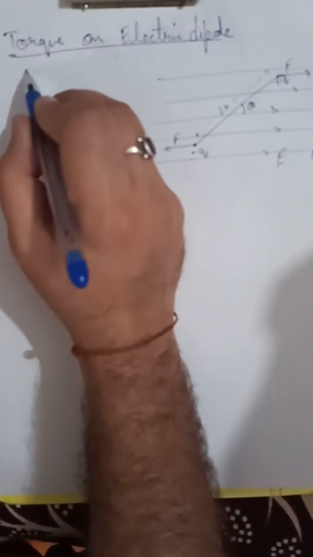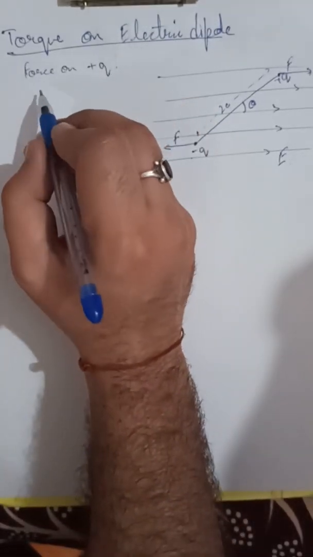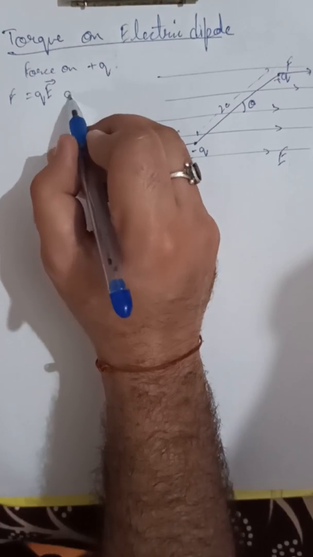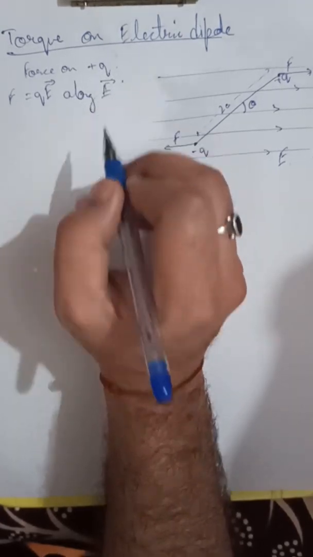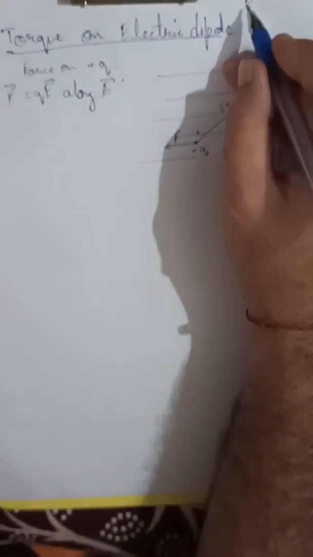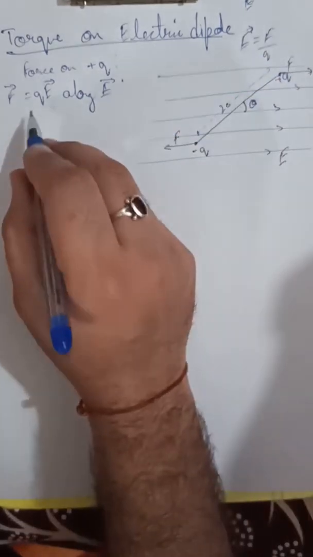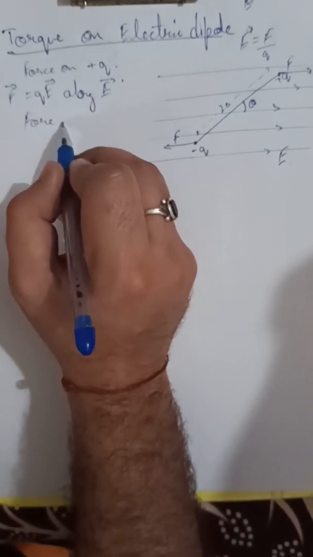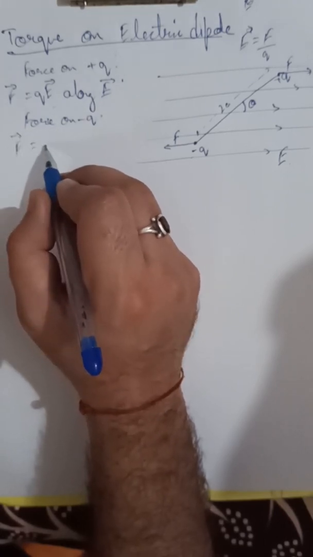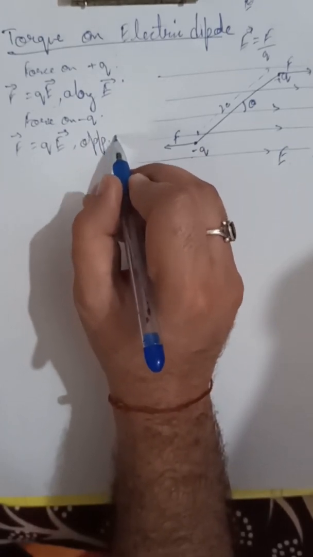As we know, force on plus q is given as QE along E. How come? Because we know electric field intensity is equal to force upon charge. The force on minus q will be the same, but its direction will be opposite to E.